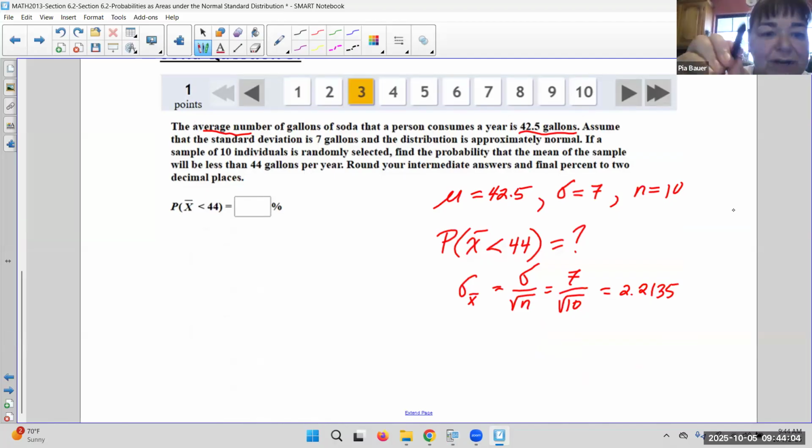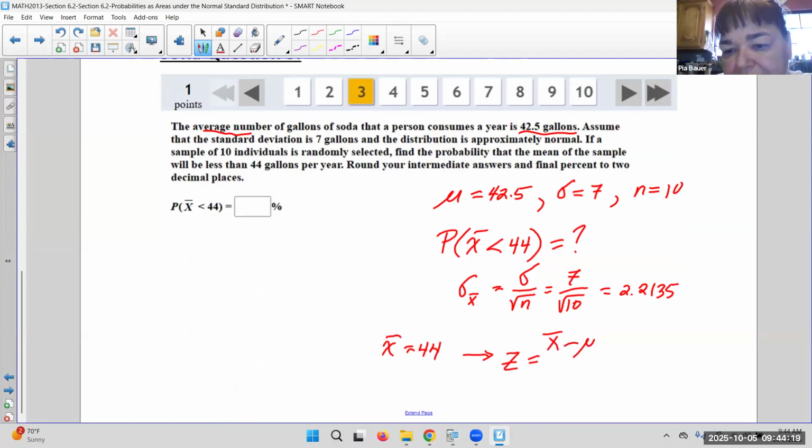Okay, so now we're going to change this X bar of 44 to a z-score, and the formula will be X bar minus the population mean divided by the adjusted standard deviation, that standard error of the mean. So then I have X bar is actually 44. We're comparing it to 44 minus mu, which is 42.5, divided by that 2.2135.